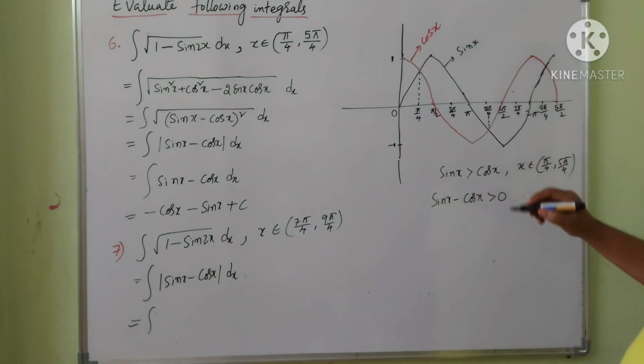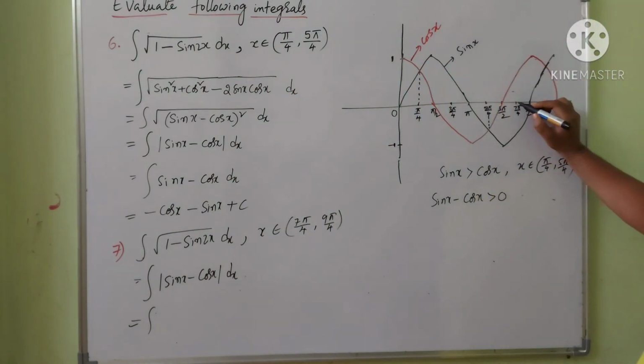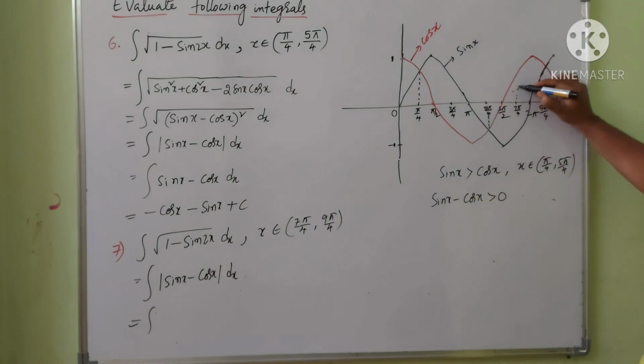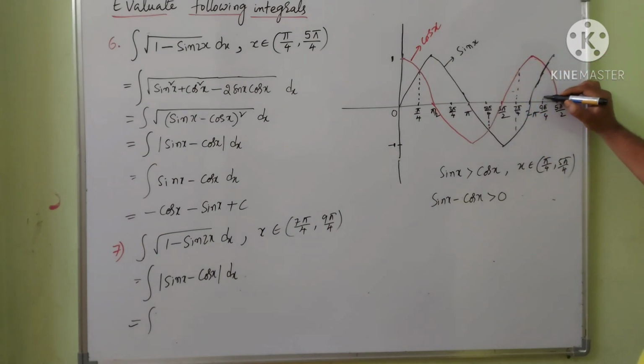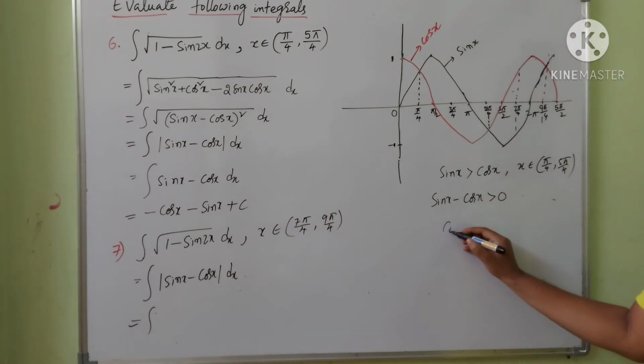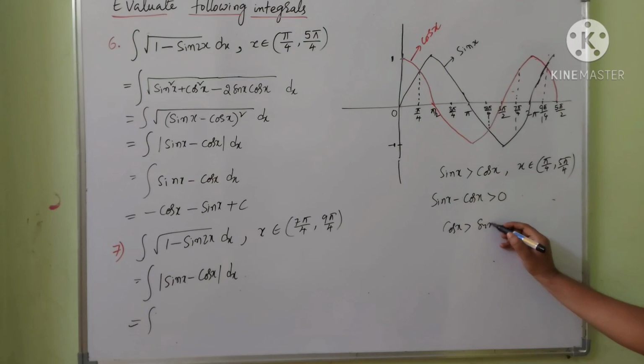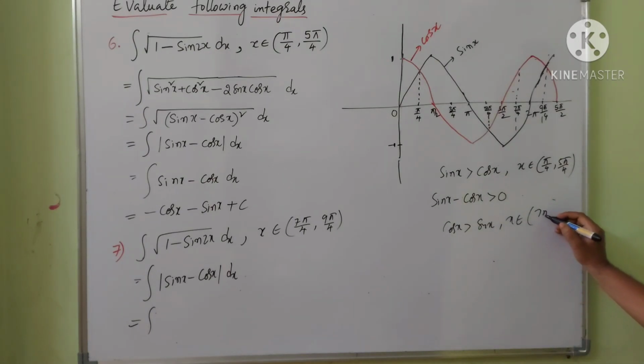From 7 pi by 4 to 9 pi by 4, upper curve is cos x, lower curve is sin x. That means cos x is greater than sin x for x belongs to 7 pi by 4 comma 9 pi by 4.